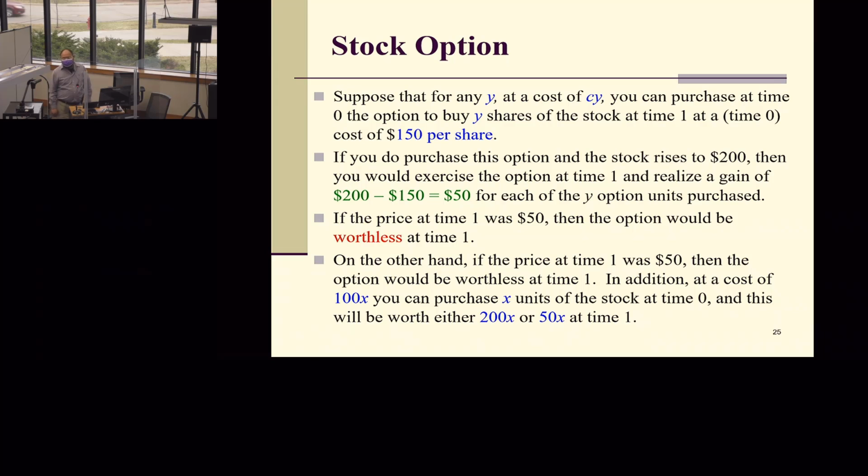Y represents the number of shares of option I'm going to purchase or sell. For the option, each one of the Y options has a price called C corresponding to it. So if I want to buy Y shares of option, the total cost will be C times Y. We've done this before.